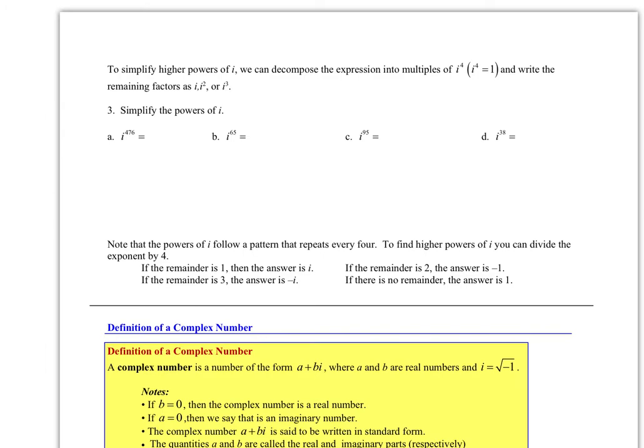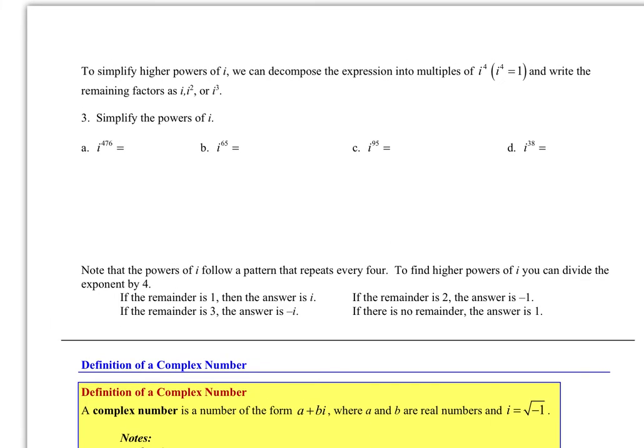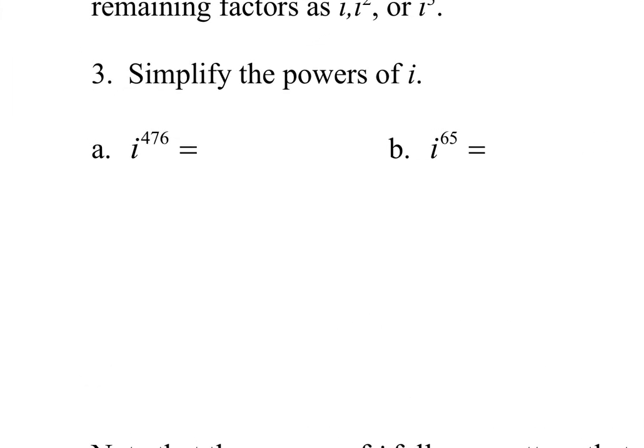So when we're looking at number 3, we want to simplify these high powers of i so that we can decompose the expression into multiples of 4 and rewrite the remaining factors as i or i squared or i cubed. So starting out on part A, basically I want to divide 476 by 4. And when you do, you get 119. So I could say this is i to the 4th raised to the power of 119.